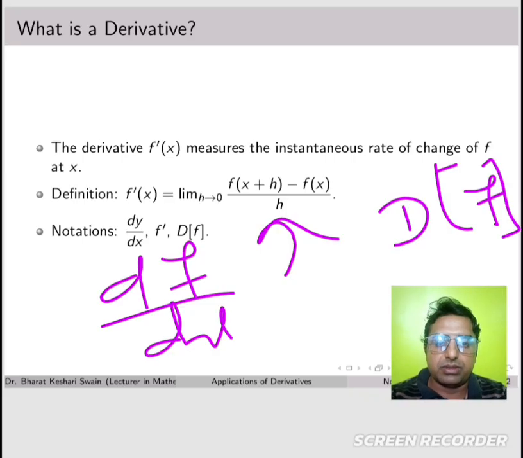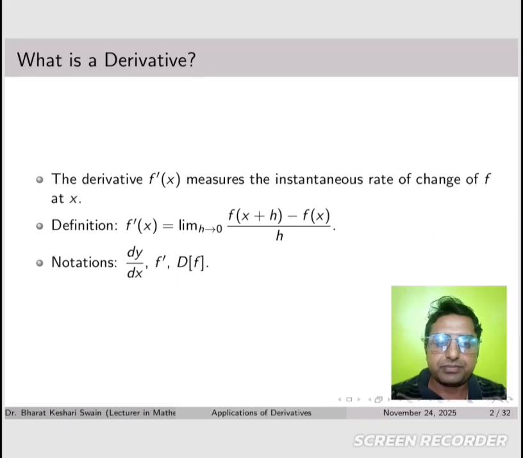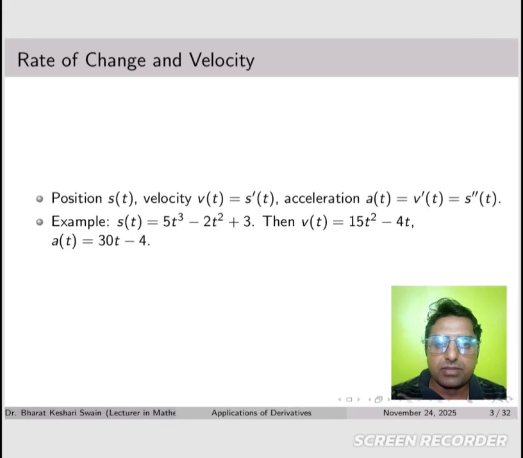Now come to the next page. Next is rate of change and velocity. If the position is given by s of t, where s is displacement and a function of t, then velocity is the rate of change of displacement.